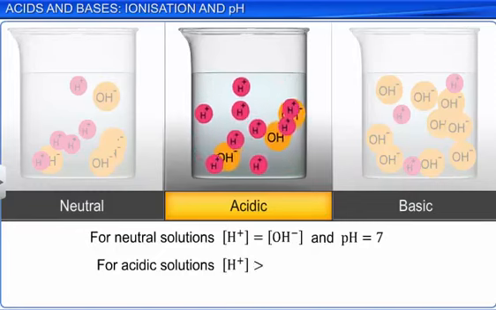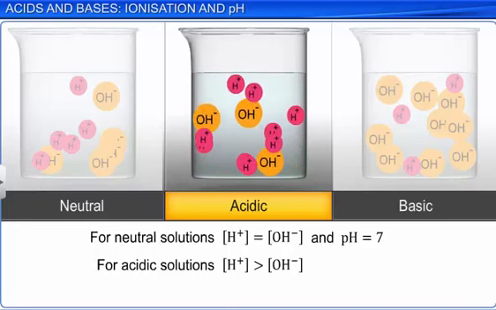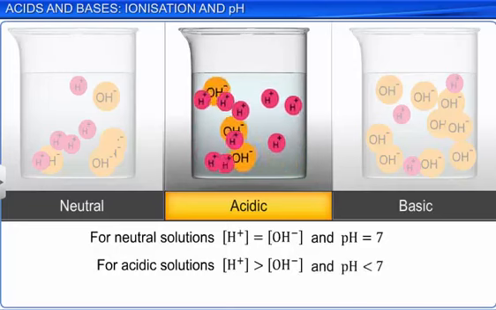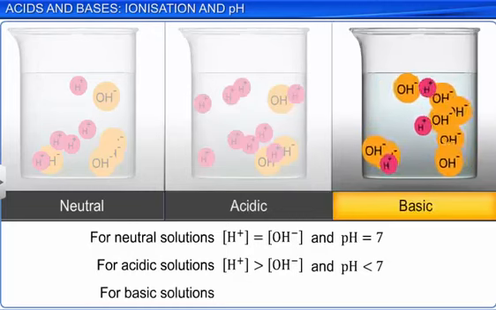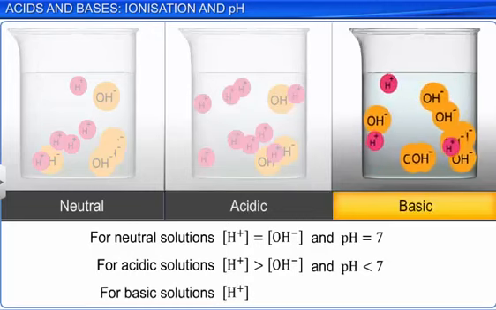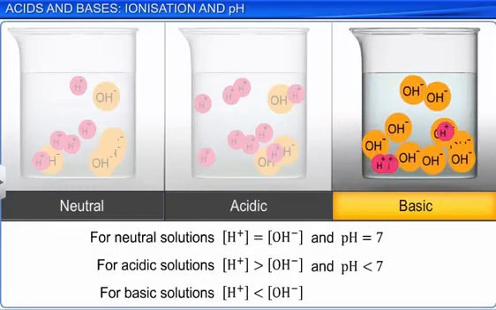For basic solutions, the H+ ion concentration is less than the OH- ion concentration, and the pH is greater than 7. The pH of some common substances is shown here.